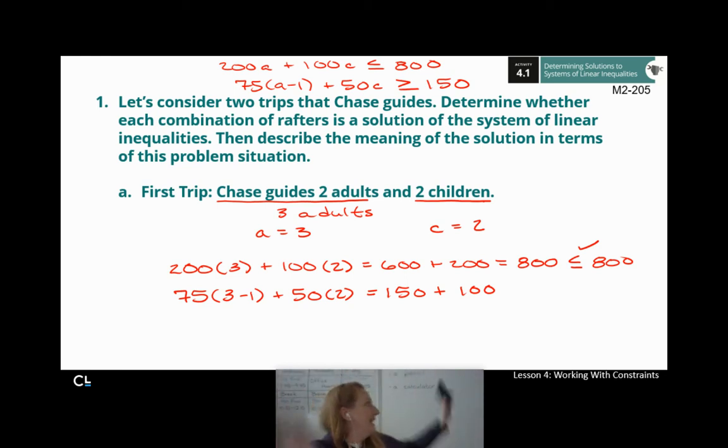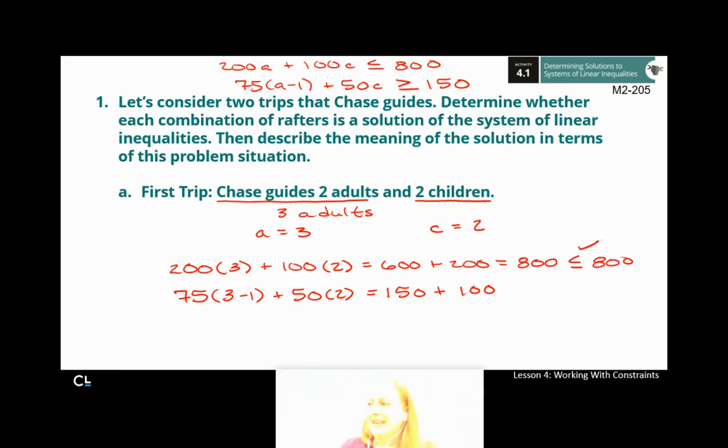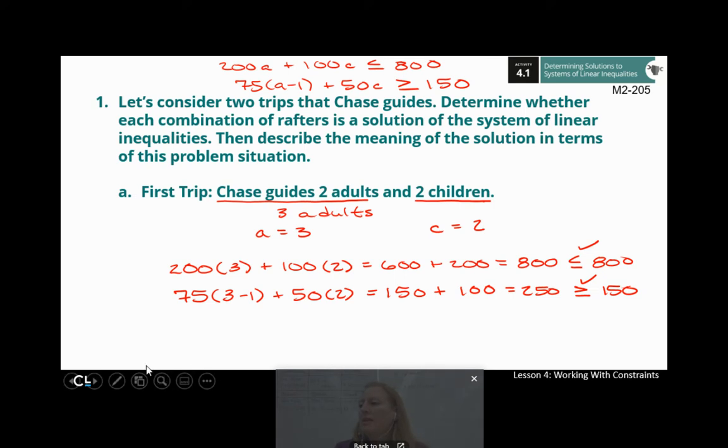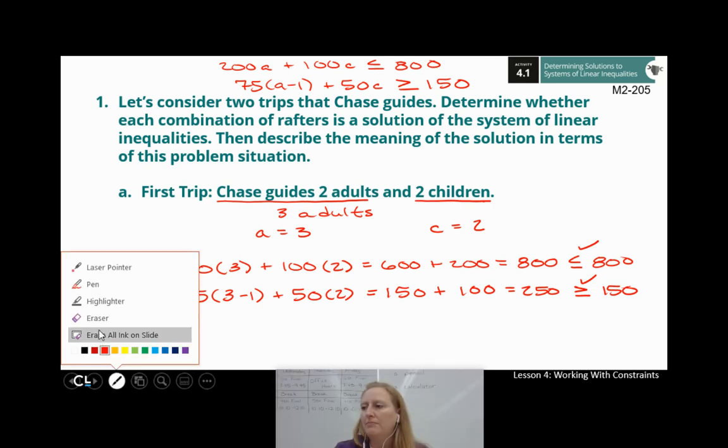It's a cloudy day. I'm getting blinded. 150 plus 100 gives me 250. And yeah, that is greater than or equal to 150. So that's great. It works for both. Hooray. Let me erase all this and I'll show you the pretty typed version.